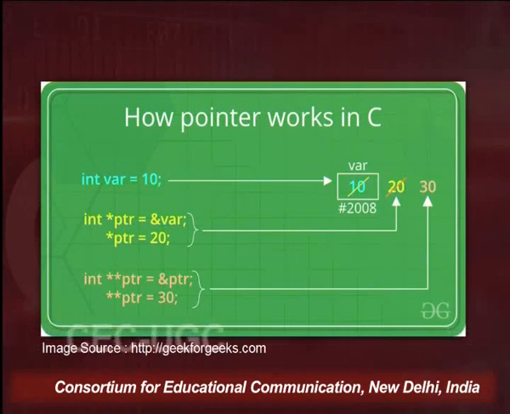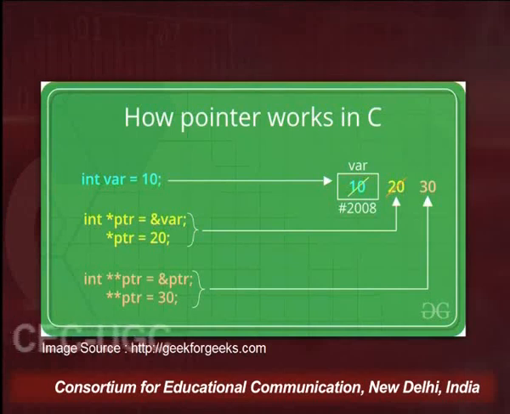So that's perfectly fine for your compiler. Now you can imagine a link between var and ptr, assuming, as given on the screen, that the value of var is 10.